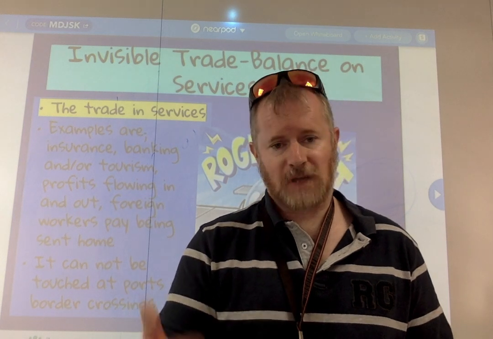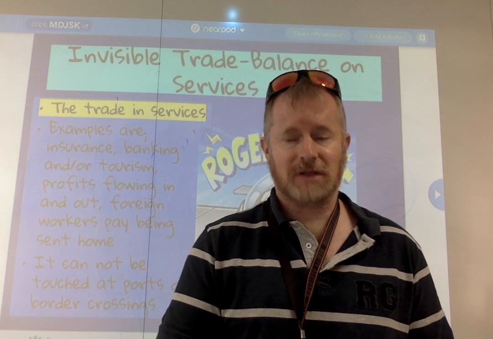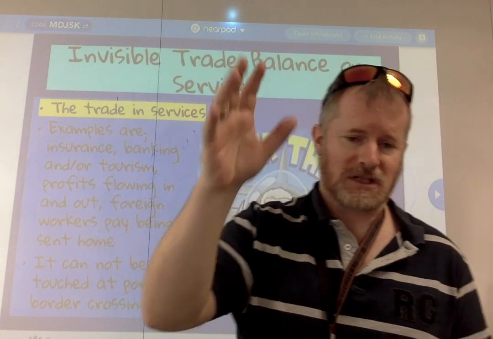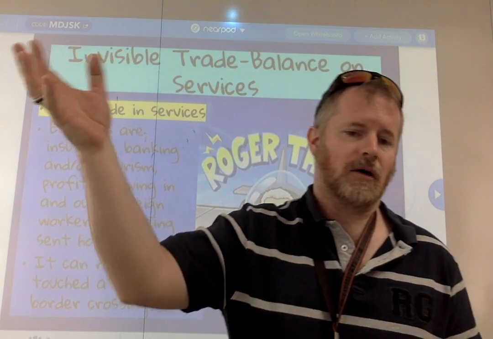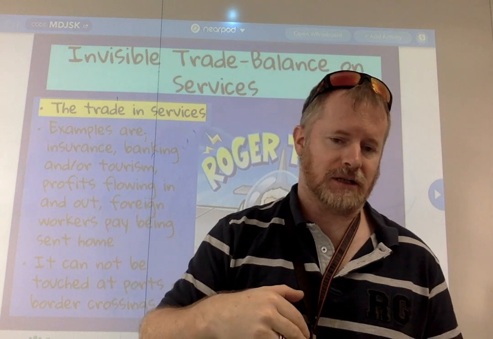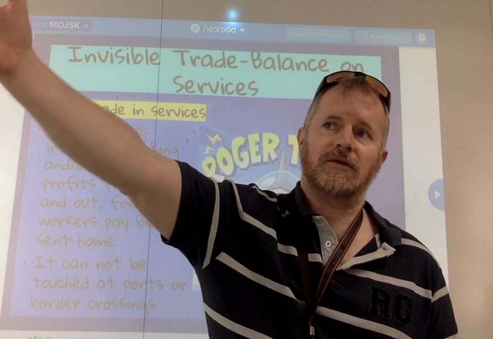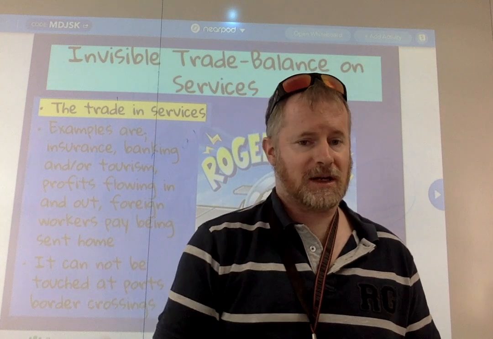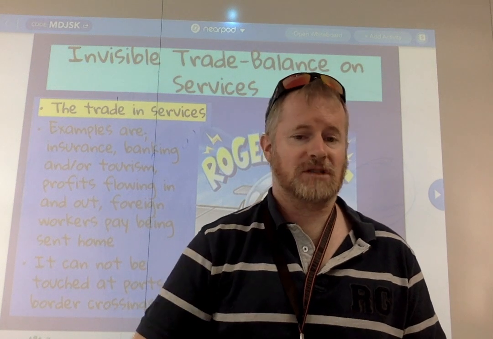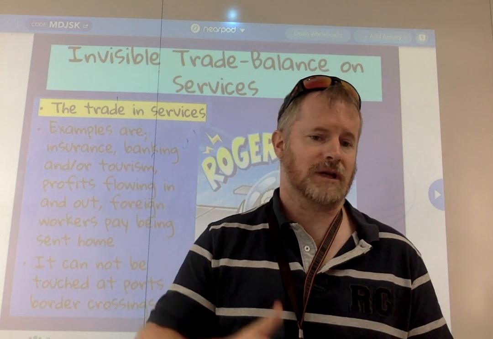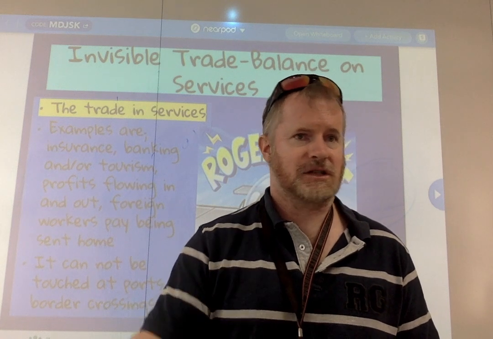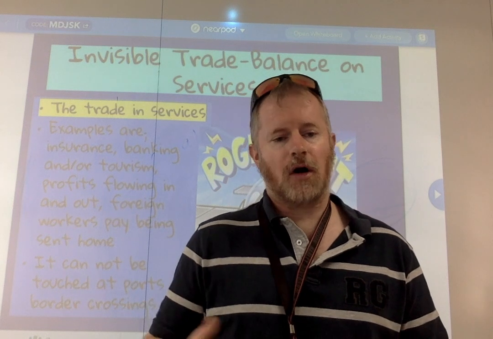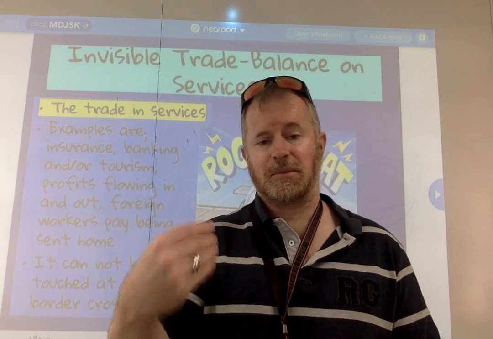Tourism, that's a classic example. Tourists who arrive in Malaysia, obviously at the moment not, okay, but if a tourist arrives in Malaysia, they will bring money from overseas into Malaysia. And they will buy things in Malaysia. They will pay for hotels. They will pay for transport. They will pay to go and see the Twin Towers. There will be a lot of services that they are paying for.